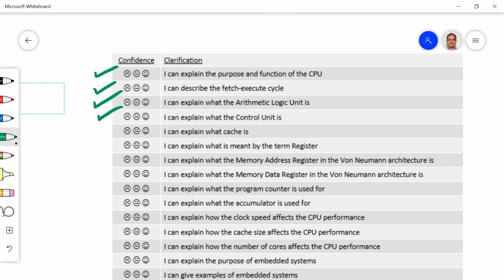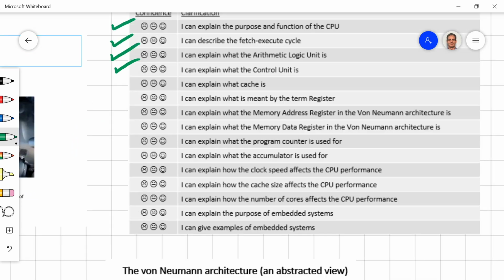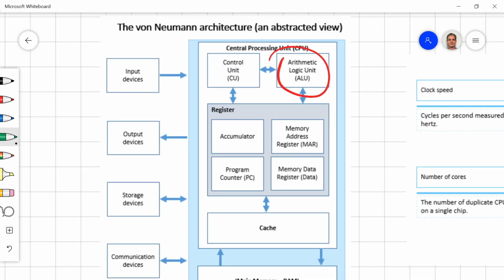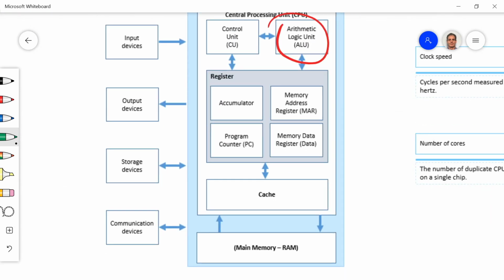I can explain what cache is. Okay, cache is a type of memory. It is the memory that is on board the CPU, and it is very fast memory, but also quite small. The purpose of it is to hold instructions that might be repeated.